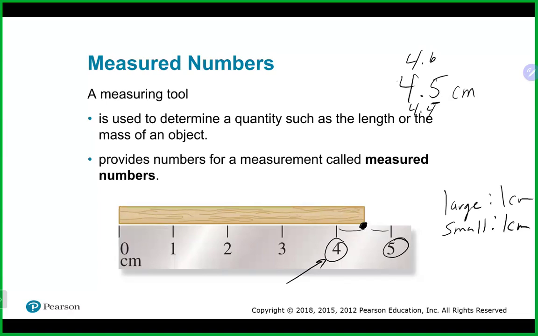Now, in this particular case, you could do the same thing we just talked about: if you're sure about the small marking, you could take it and divide it by 2, and that gives you 0.5 centimeters. What matters is that's 1 decimal place, which is exactly where we should take the reading to. So when you divide the small marking by 2, it tells you how far you should take the reading.